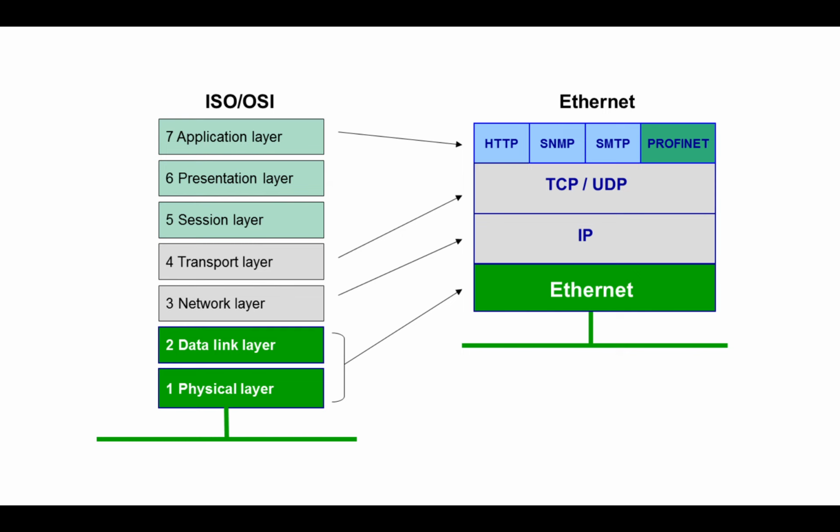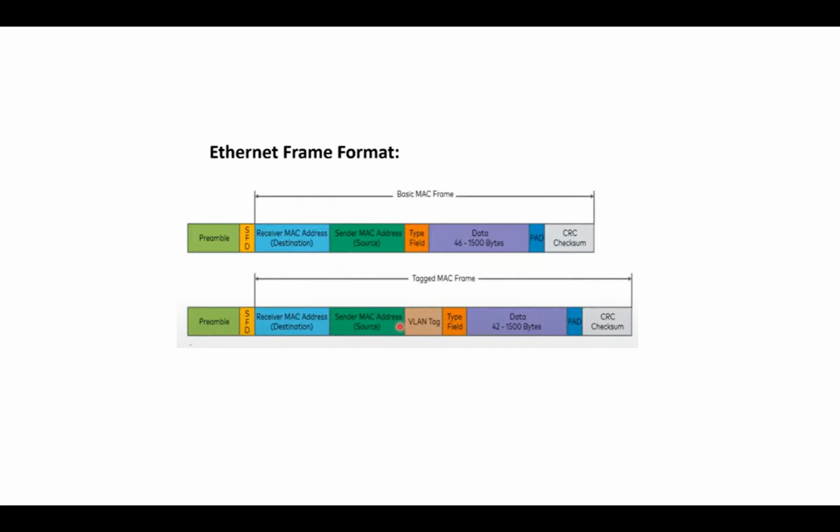So let's see what the Ethernet frame looks like. Firstly, it will have a preamble, a series of zeros and ones. For example, if two ECUs are communicating with each other, to synchronize between the two ECUs we have this preamble, a series of ones and zeros, around 7 bytes.